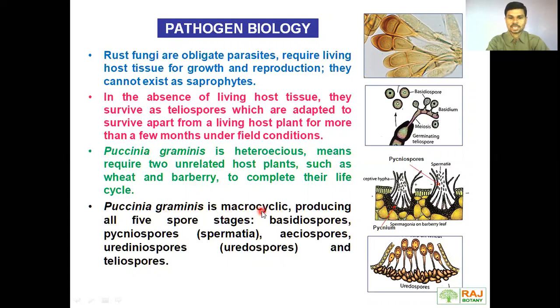Puccinia graminis is macrocyclic, meaning it produces all 5 types of spores: basidiospores, pycniospores, aeciospores, uredinospores, and teliospores. In this figure we can see these are the teliospores. These are the basidiospores. These are the pycniospores, and these are the uredinospores.